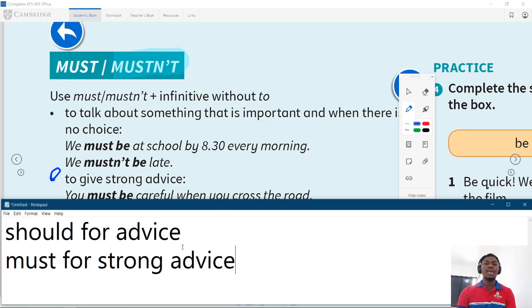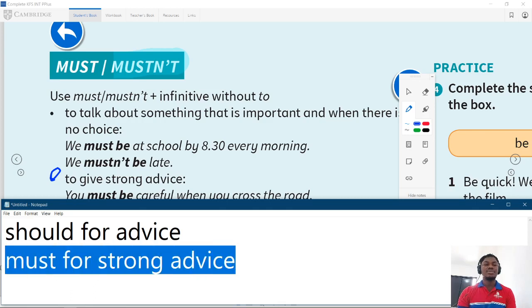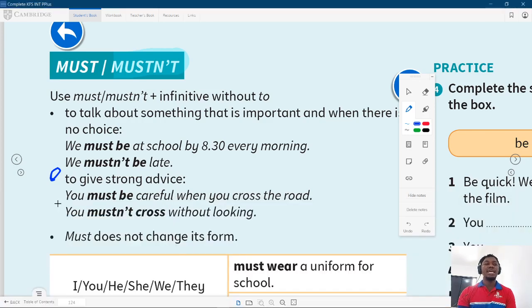So we use it for strong advice, like you must be careful when you cross the road. It is very important, guys. You mustn't cross the road. You mustn't cross without looking. So this is advice. We mustn't be late.